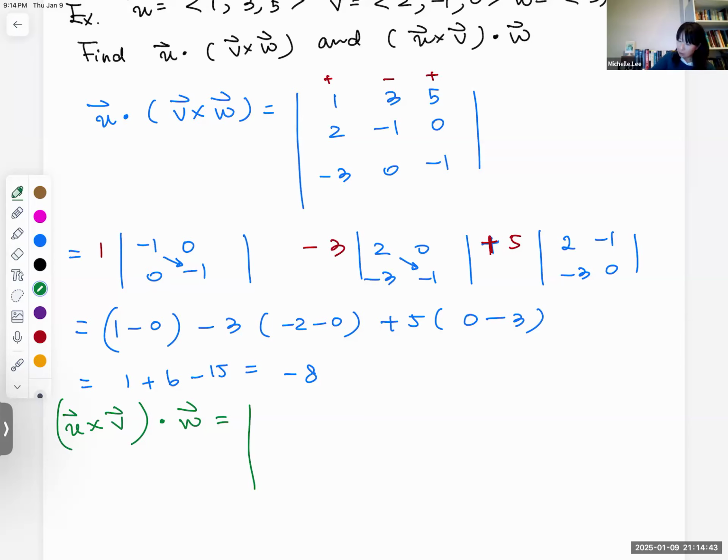We don't have to do anything else: 1, 3, 5, then 2, negative 1, 0, and negative 3, 0, negative 1. So it's the same thing.